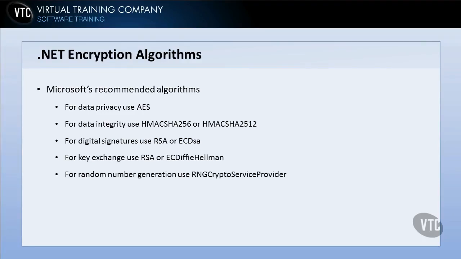Now, some of you are saying, wait a minute, what are you talking about, random number generation all of a sudden? That's not really encryption. No, but you need to be aware. There is a method out there for creating random numbers out of a regular .NET class. However, if you're trying to create secure random numbers that you're using for generated passwords or whatever, just be aware that the random number generator built into the .NET Framework does have a pattern to it.